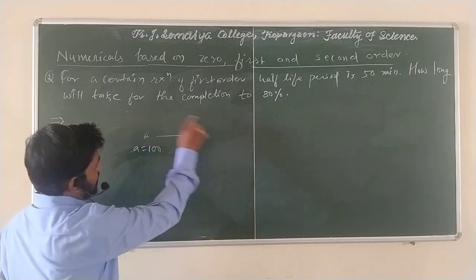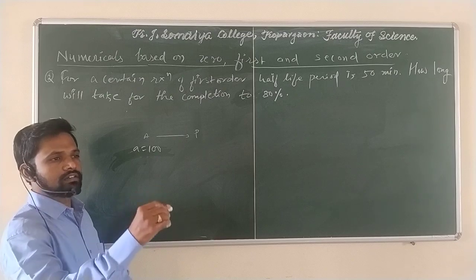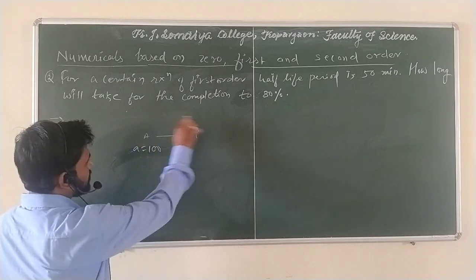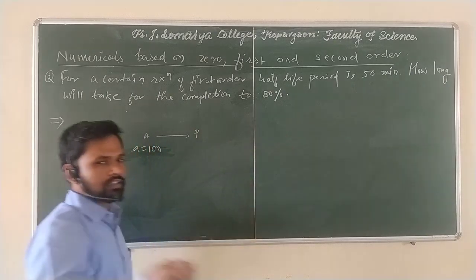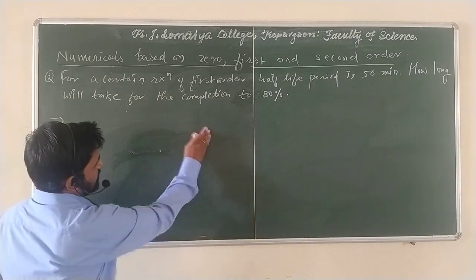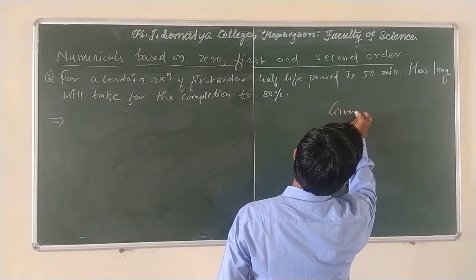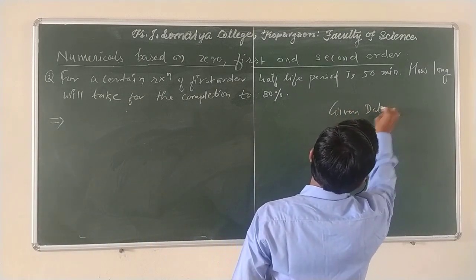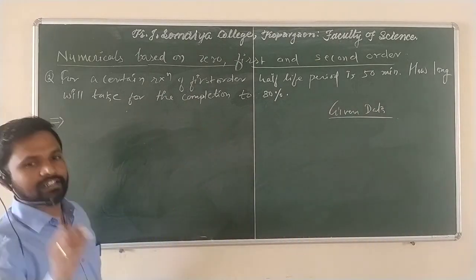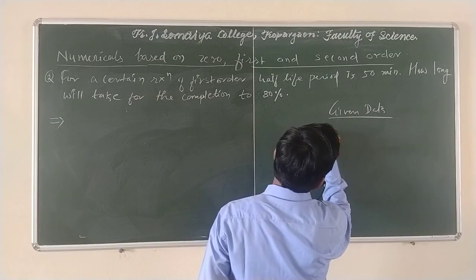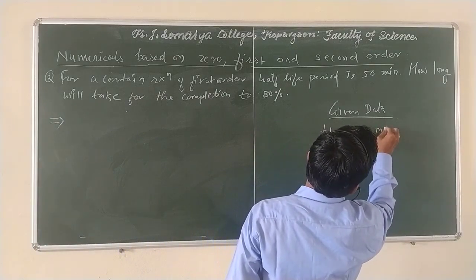You have to calculate the time for 80%. 80% complete means the reaction is going to be 80% complete, and you have to calculate that time. Okay. So first write the given. What is given? For a certain first order reaction, the half-life period, T half, is given as 50 minutes.